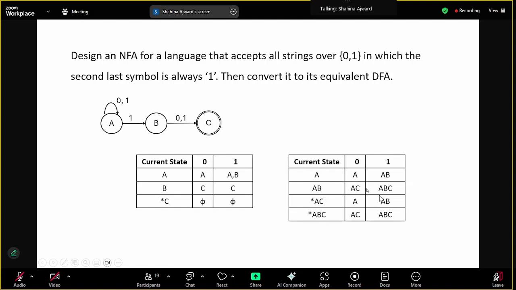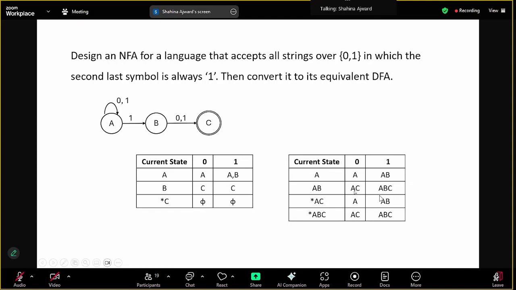So we write it as AC. For the input symbol 1, it goes to A, B, C, right? So we write ABC. Now we have two more new states, AC and ABC, right?